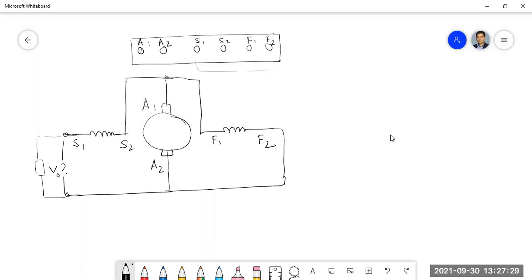Sir, both self-excitation is happening, so it is called compound excited. Compound excitation. So here, as we are having both the coils, one we will connect for shunt, another we can connect for series.